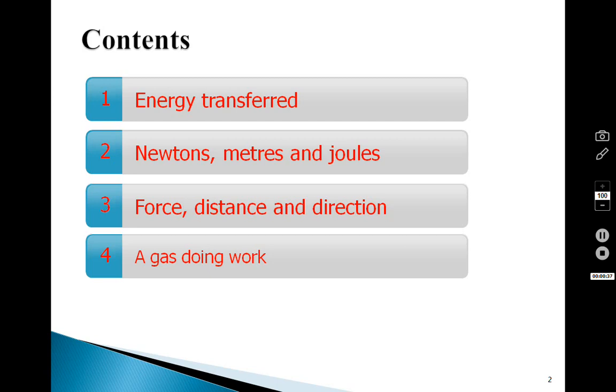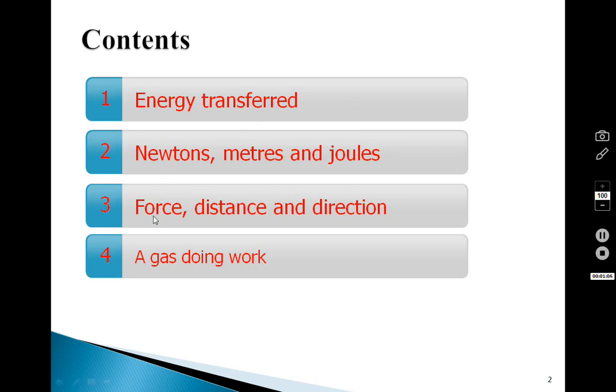Number 2 is newtons. What's the relation between newtons, meters and joules? So newtons is for force, meters for distance, and joules for what? Energy. So there is a strong relation between newtons, meters and joules, and we are going to say what's the formula that could control the 3 of them.